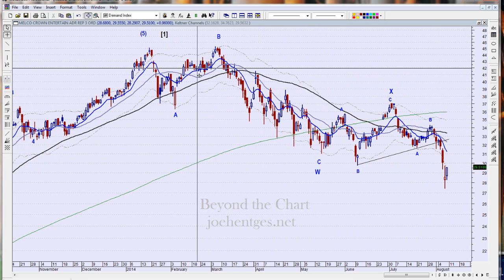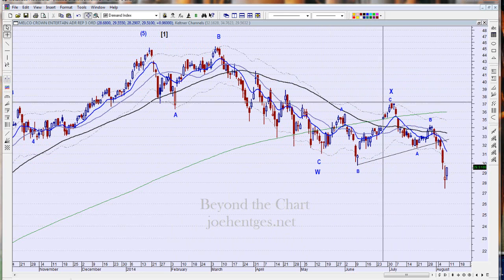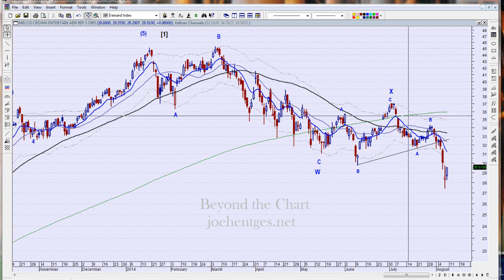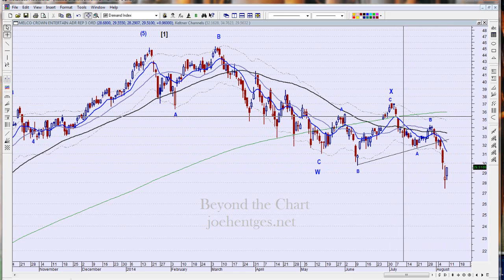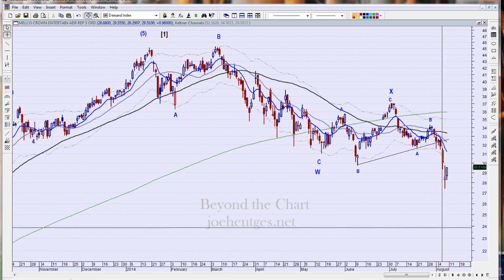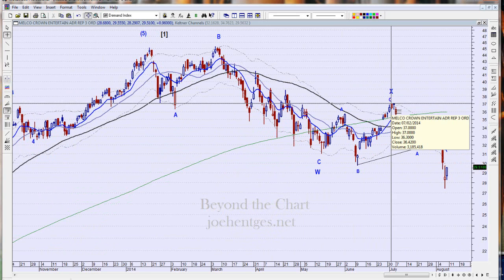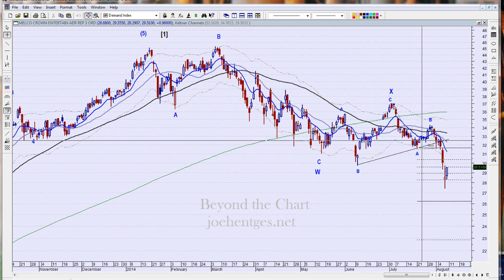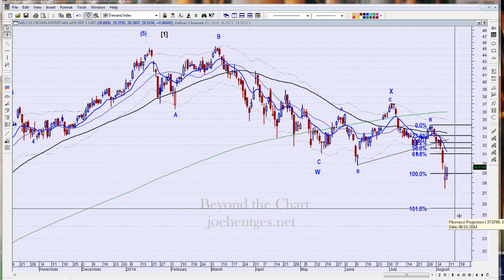We call this first corrective pattern W. Then you have a connecting pattern we call X. Now we're into the next pattern here, which looks like a zigzag. Remember my initial measurement on the weekly chart was $24 and below. When I look at a zigzag and ask where could it end for C, I measure out A and go back to the start of B. 161.8% is a lot of times a good target for the end of C in a zigzag, although of course it can go a lot further than that.